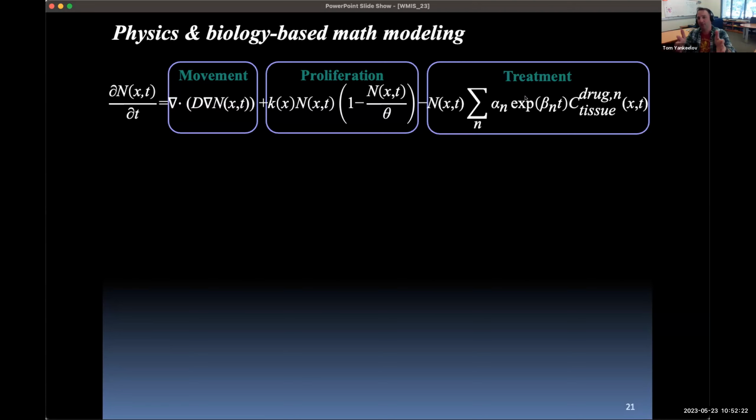Like when we go to radiation therapy, this treatment term is swapped out for the equation we want to use to describe radiation therapy. So in principle, we would swap this out with an appropriate model describing thermal ablation, for example. What's the rate at which you're destroying tumor cells with phototherapy? We haven't done that, but in principle, it's a whole project.